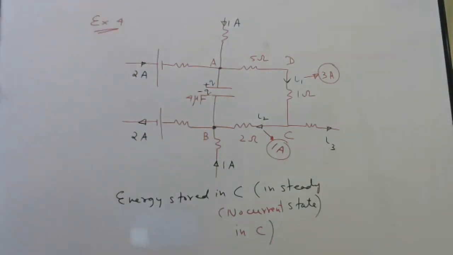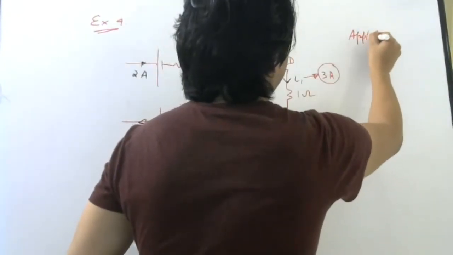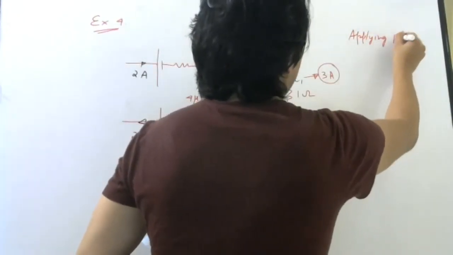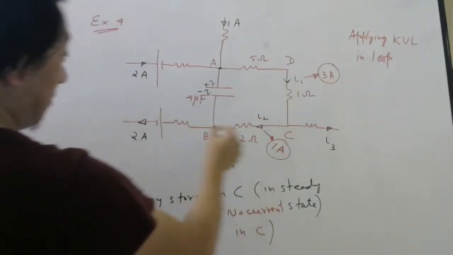Okay. So now what I will do, apply KVL in loop ADCBA.